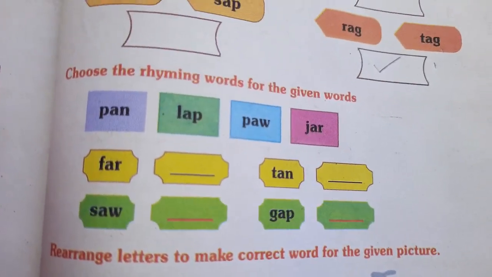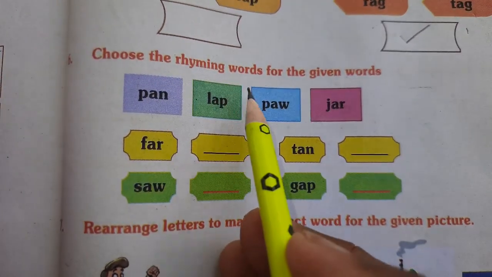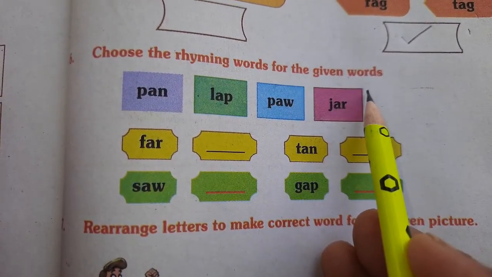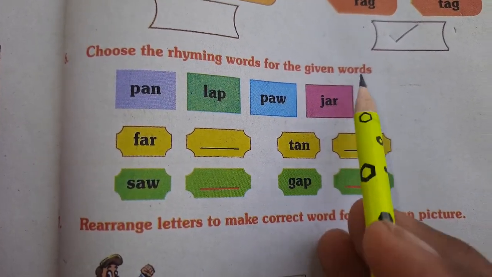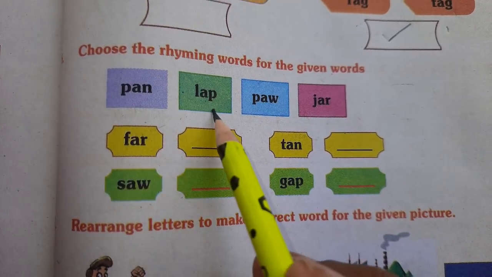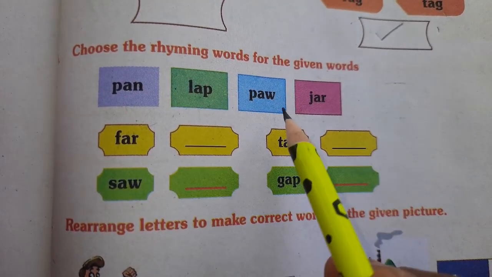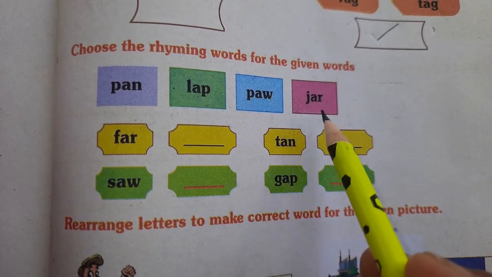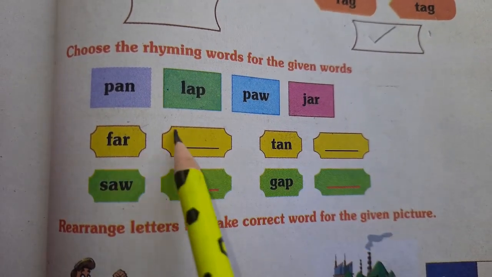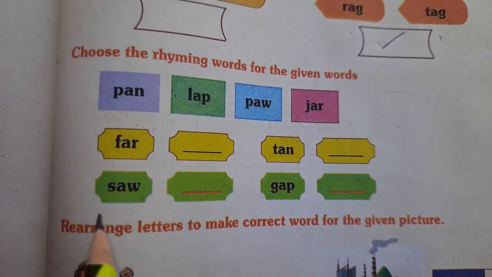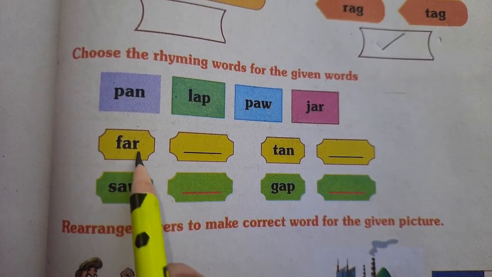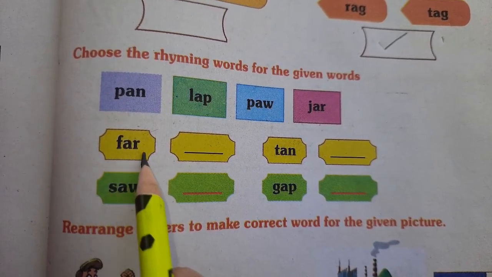So next one is choose the rhyming words for the given words. So these are some words: pan, lap, paw, and jar. So we need to find out the letters in these words which make them rhyme.